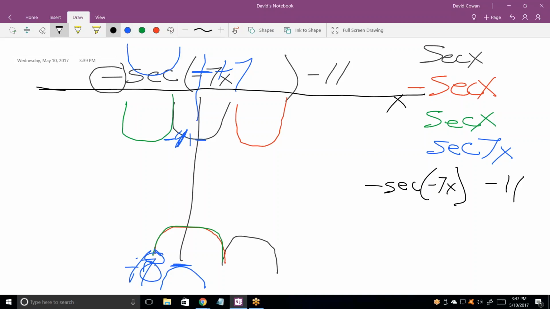If I were to draw a bunch of periods of this in blue, the next one would go there, the next one would go here, the next one would go here, you with me? Adding 2 pi doesn't do anything inside the parentheses. So I was right to take that out to begin with and graph the whole thing as if it wasn't there.